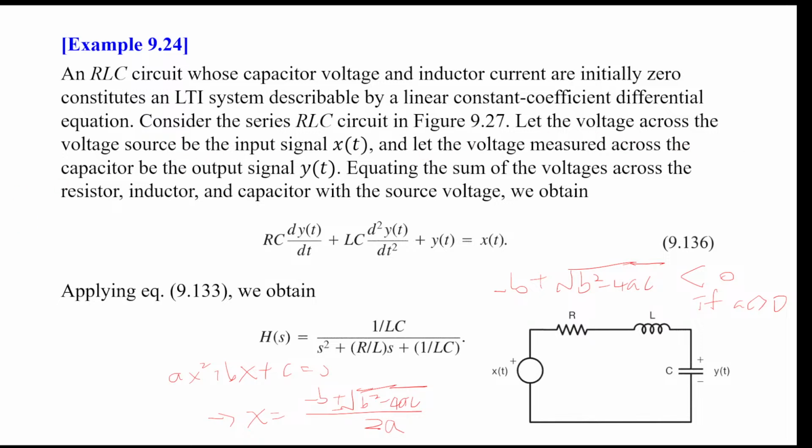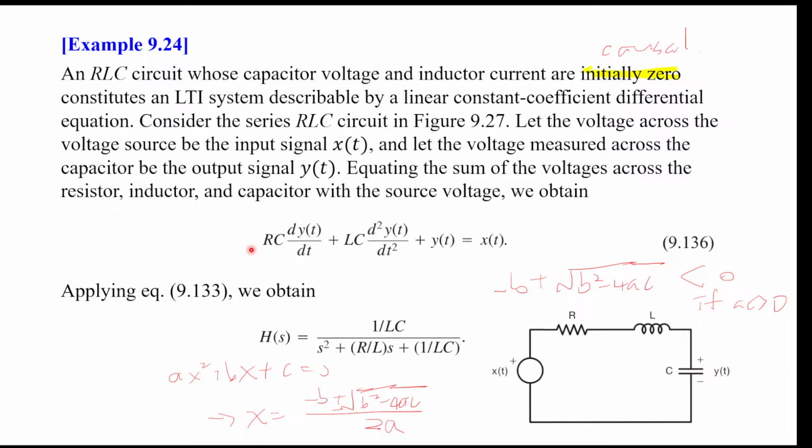So basically we assume initial rest. Also we assume the system is causal because this is a physical system. Basically we assume initial rest here, and then we try to determine how the system will behave with respect to the input and output.